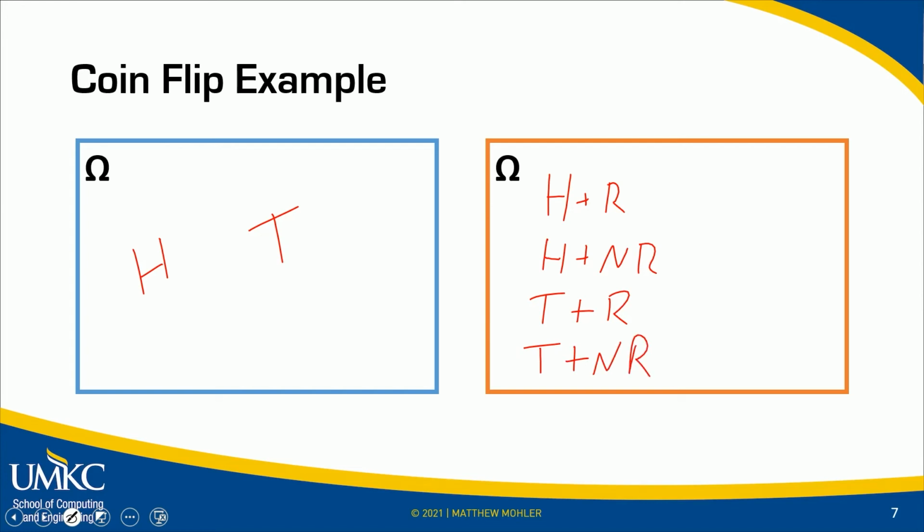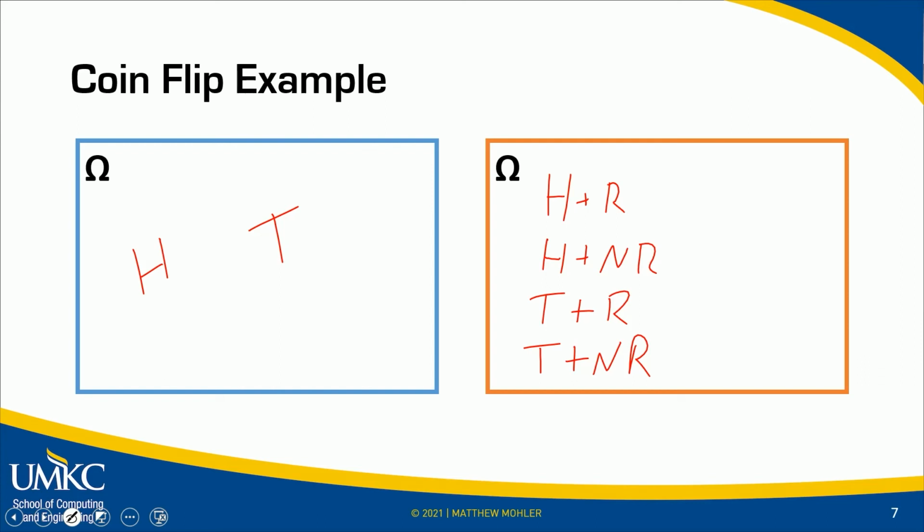Now, you may look at that and say, what does raining have to do with whether a coin lands heads or tails if you're inside? And the answer is probably nothing. So going back to our sufficiently precise, this is an example of something that is overly precise, where we have irrelevant information in whether it's raining or not raining.